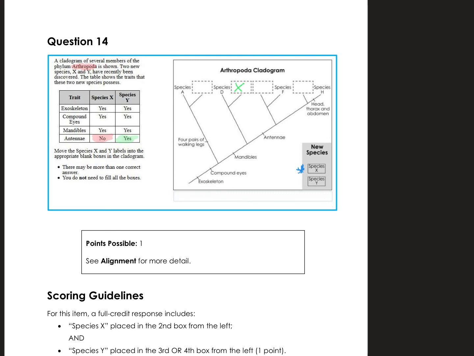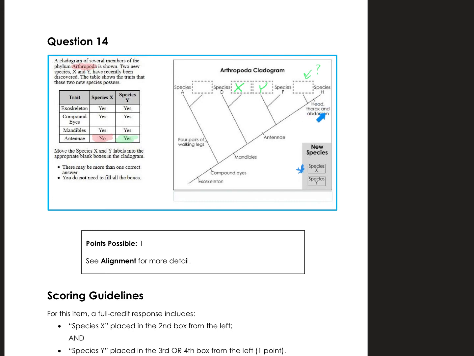Y species, on the other hand, has antenna, so it's on this side. Head, thorax, and abdomen, it doesn't say anything about those. We don't know if they have them or not. But we can pretty securely put Y species here. Could it be here? Is that a possibility? I don't know. All we know is that it has these four: 1, 2, 3, 4.